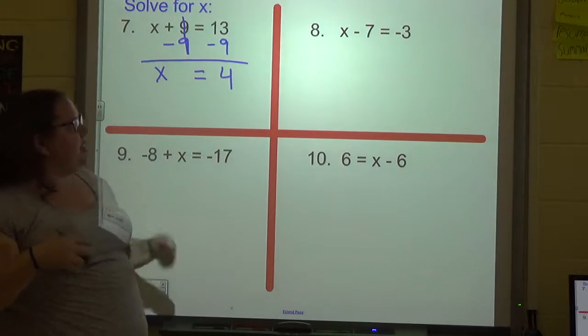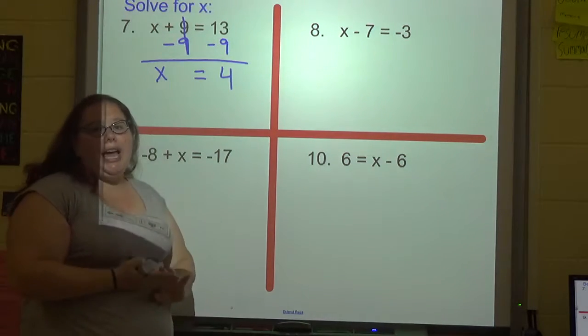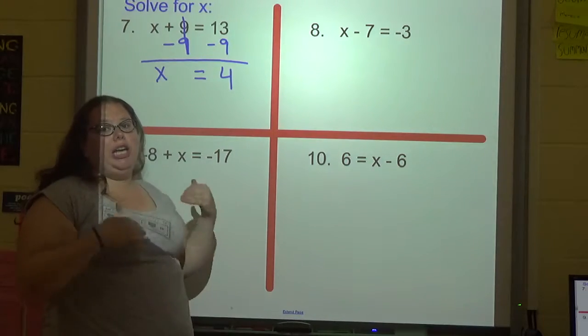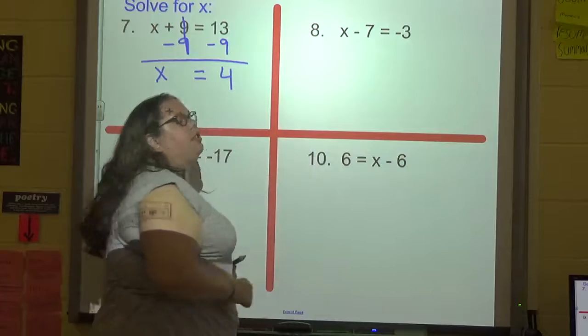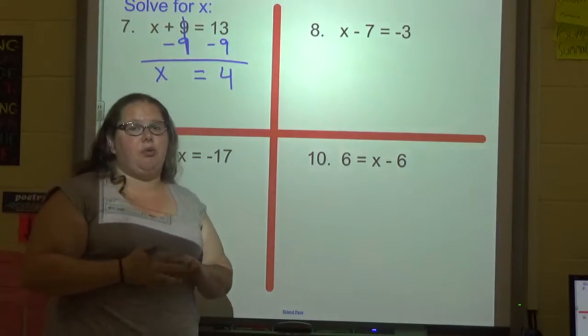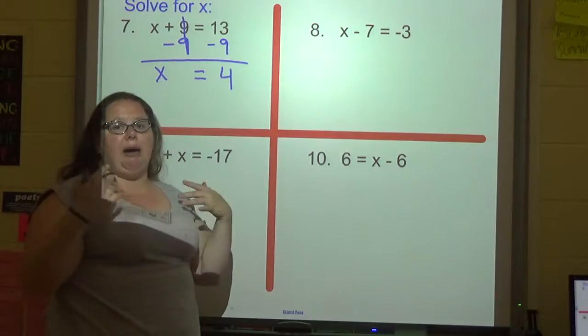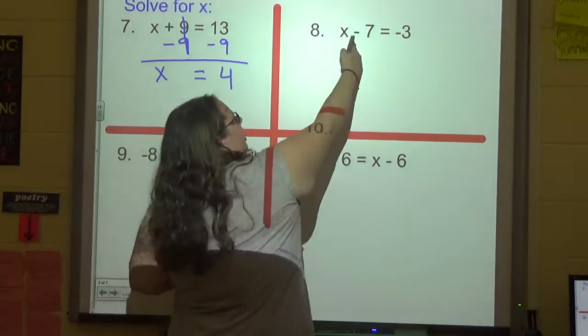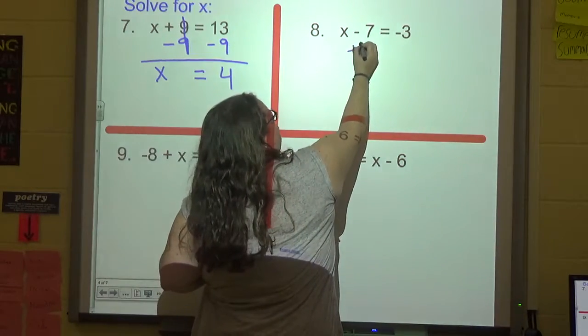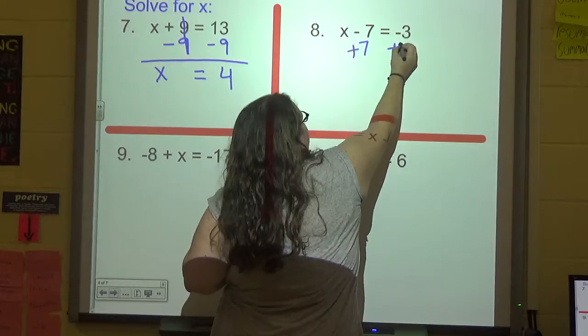Alright, number 8. What is happening between x and the other number in that equation? X minus 7. So this time we have a minus 7 that we need to get rid of. The opposite of subtracting 7 is adding 7. So where I see that minus, I'm going to put plus. Plus 7, plus 7.